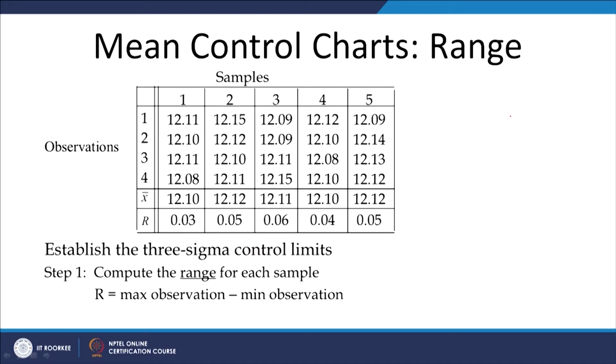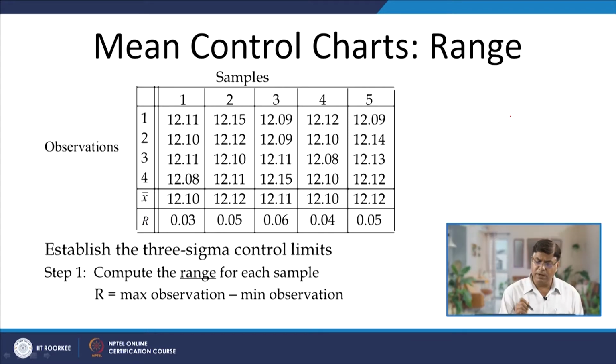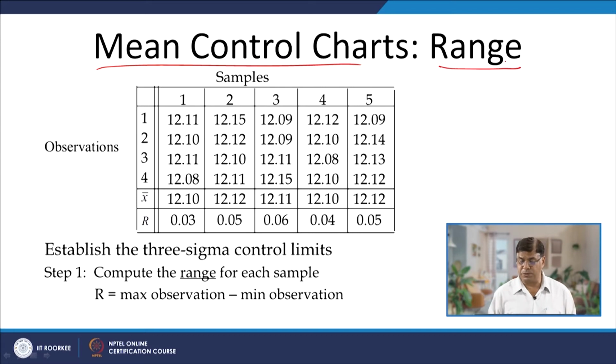This is another example where it has been explained how to develop the mean control charts using the range. Earlier we saw control charts where the process average and the standard deviation had been set, and here we will be developing the control charts. In this example we will be developing the mean control charts using the range.